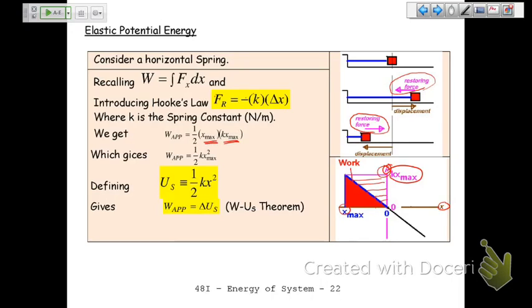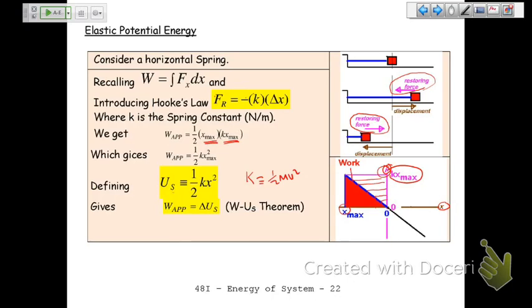Okay, let's generalize. The spring potential is defined as a half k x squared. That looks a bit like kinetic energy, defined as a half m v squared. That's the way of remembering it. It's of similar form. Work done equals my change in spring potential if there's no hill to climb and there's no velocity.